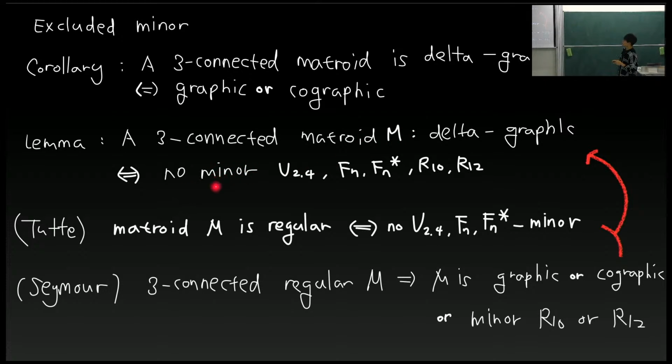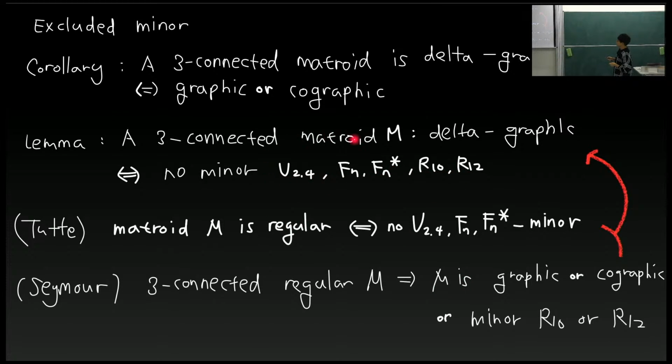And for the backward direction, we use two theorems due to Tutte and Seymour. Tutte's theorem gives an excluded minor characterization for regular matroids. And Seymour's theorem says that a three-connected regular matroid is graphic or cographic or has a minor isomorphic to one of R10, R12. So suppose that we have a matroid M which has no minor isomorphic to one of these five matroids.